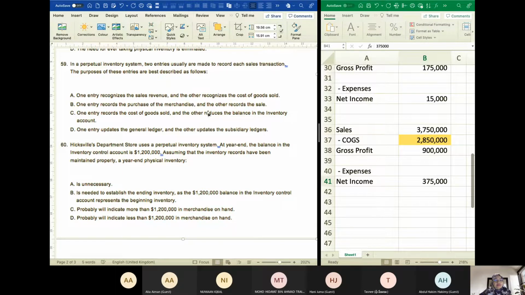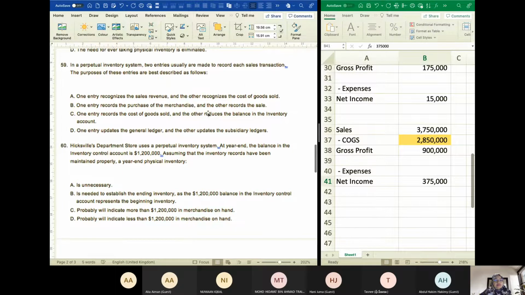Is that right? Right, 2 entries are made when you make sales. So why do you have to do 2 entries? The answer is A. One is to recognize sales, the other one is to recognize COGS.